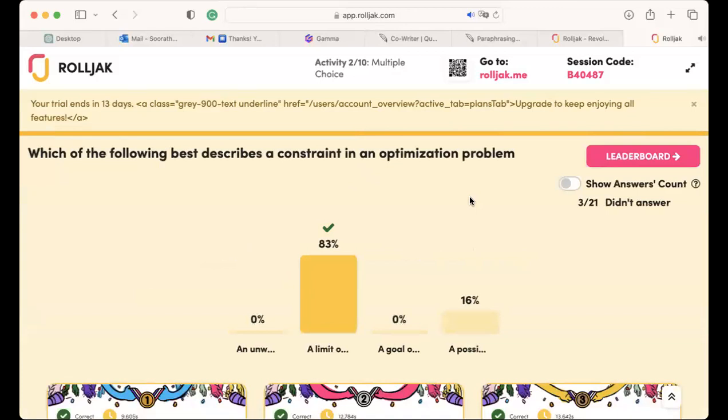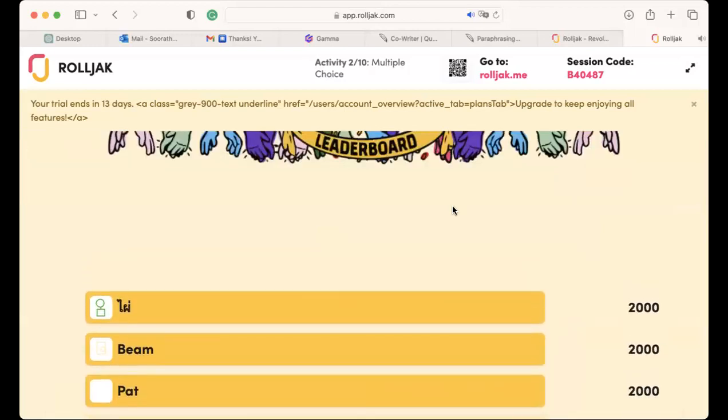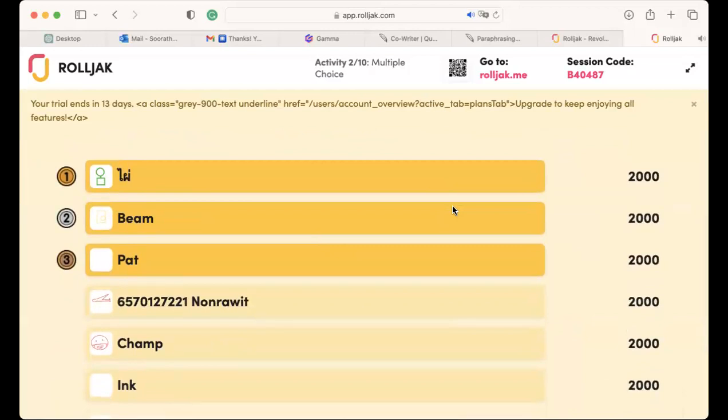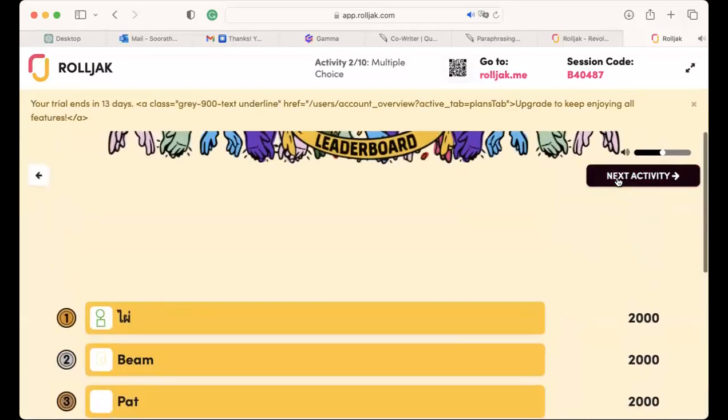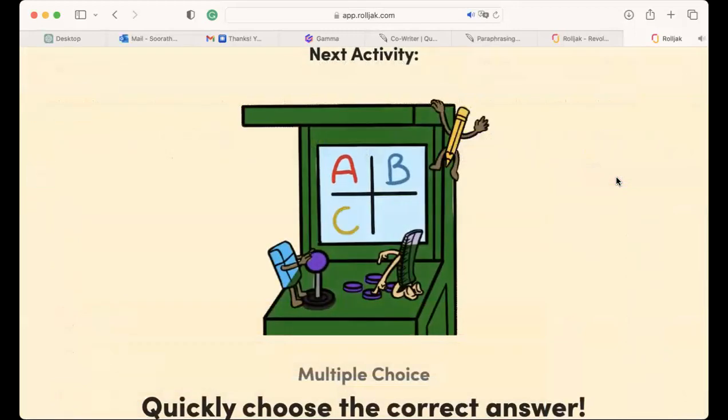And the correct answer is B, a limit or restriction. Okay, most of you got the right answer. And three did not answer. I don't know why. Who are those three? Okay, so who is the leader? Beam, Pat, no, David. No, you still have 2000. All right. The next one.